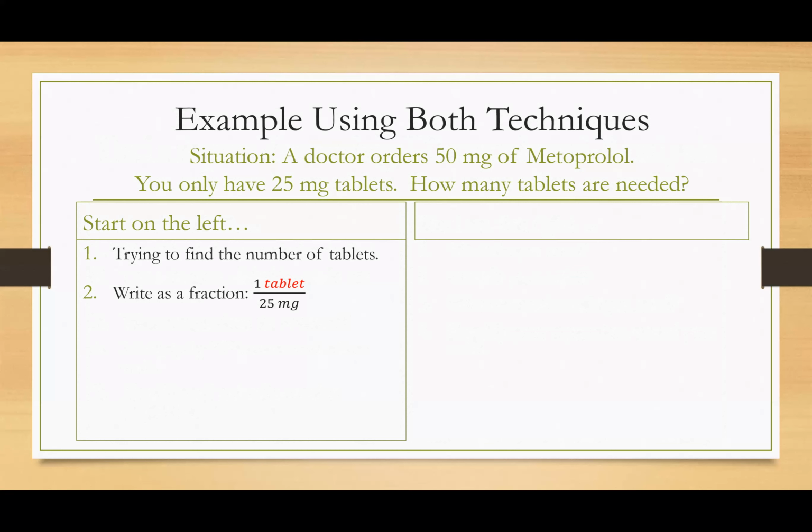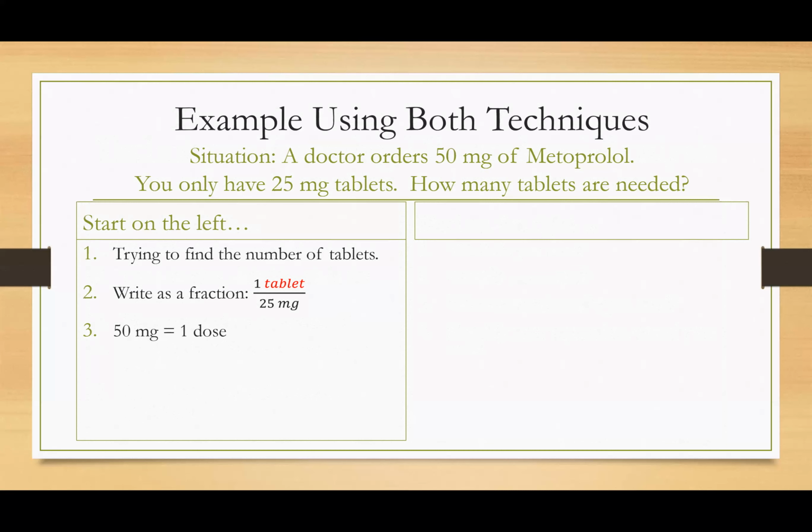The next thing we're going to do is use other information to keep the tablet, but we need to get rid of the milligrams. So what we know is that 50 milligrams is equivalent to one dose, or the order that we were given. So we can use this and write it as a fraction to multiply through to eliminate the milligrams.